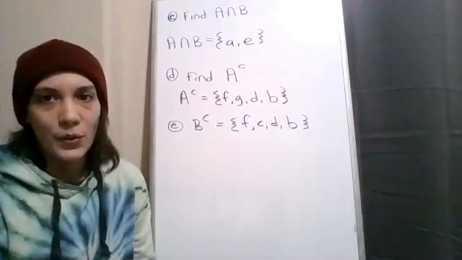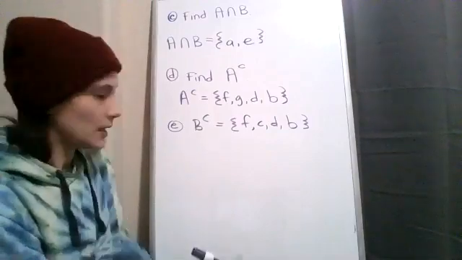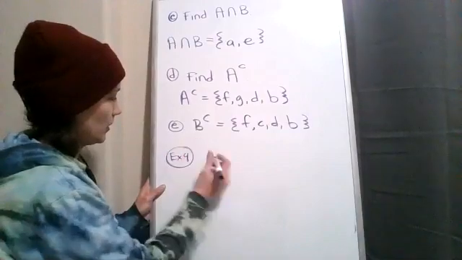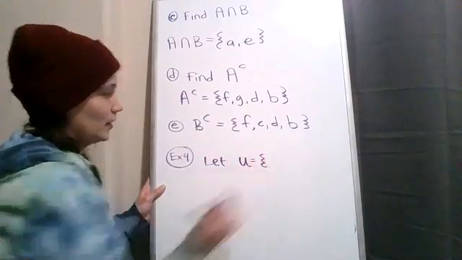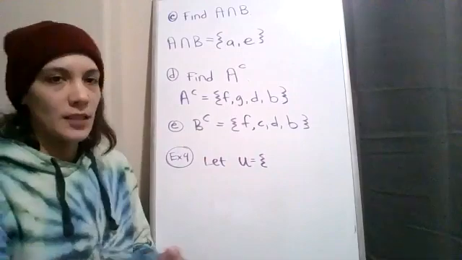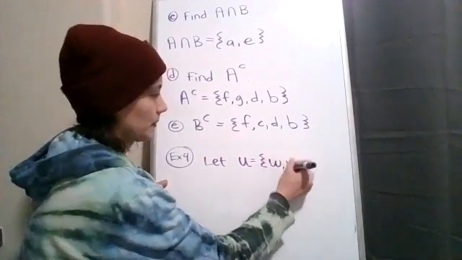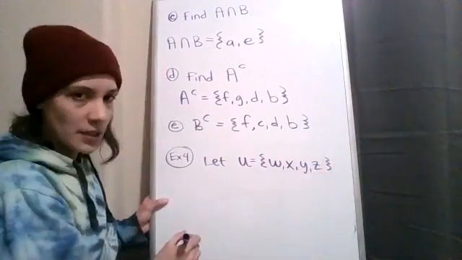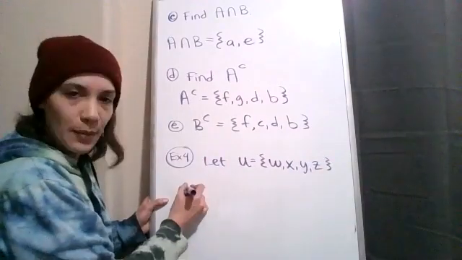Cool. So let's do one more example, and then we have a few definitions. Okay, set U contains W, X, Y, Z. I'm going to change it a little bit, and we'll have capital E. Use capitals for sets.